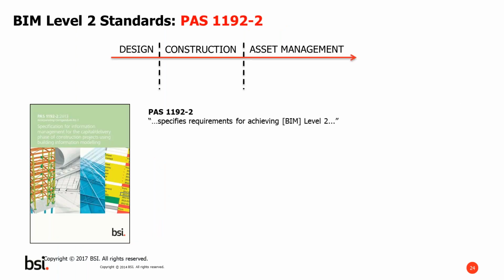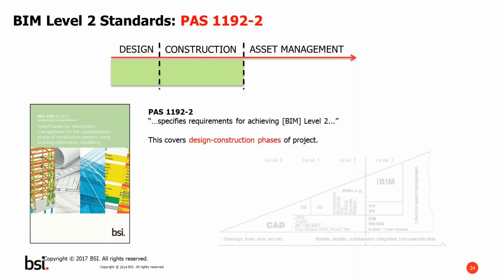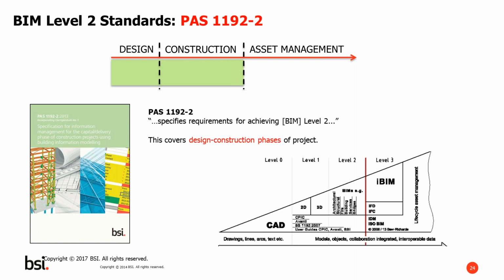So looking very much now at PAS 1192 Part 2. This covers the design and construction phase of the asset lifecycle, and it specifies requirements for achieving BIM Level 2 around creating a managed and collaborative 3D BIM environment.